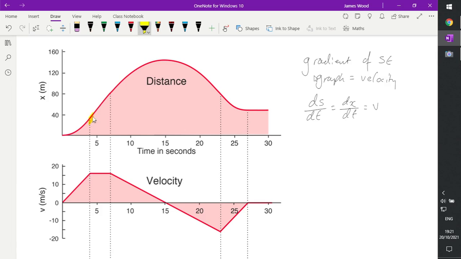In this section here, the gradient is basically a straight line, so it has a constant gradient. And you can see in that section, the velocity is constant. It's always the same velocity, because the gradient is the same.